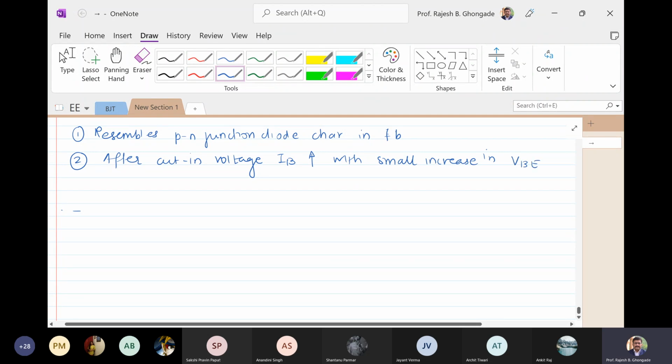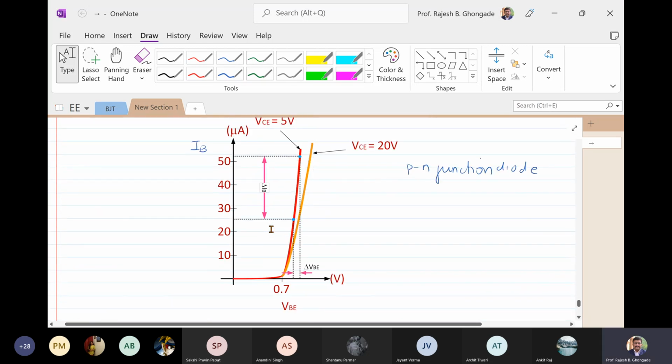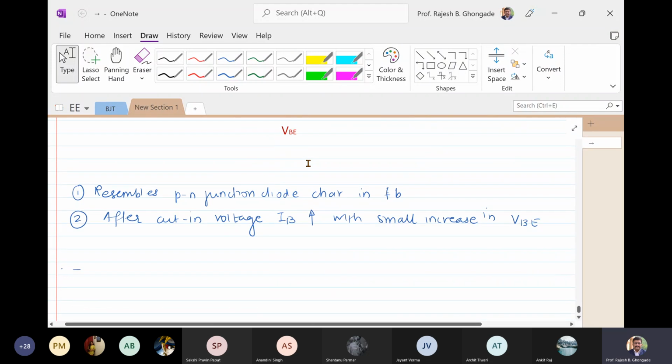You can see here, after this cut-in voltage of 0.6, 0.7 volts, a small increase in VBE will cause a large increase in the base current, IB.